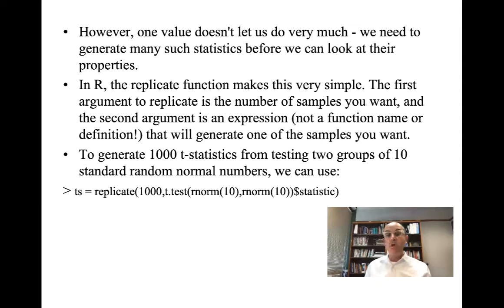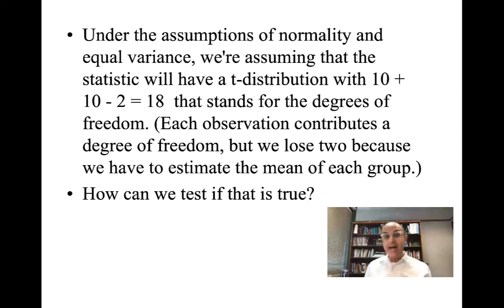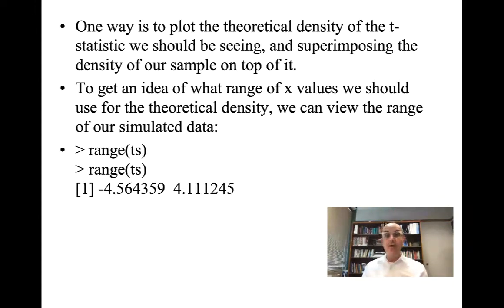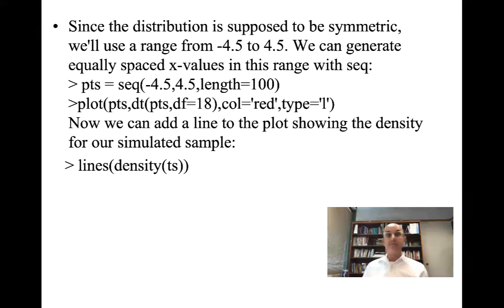We will use ts equals replicate 1000, and we will ask it to run the t-test on normal numbers, and we will apply that in order for us to do that. Again, this is how we test it and how we apply it, and we can check whether it is true in order to understand the range out of it.